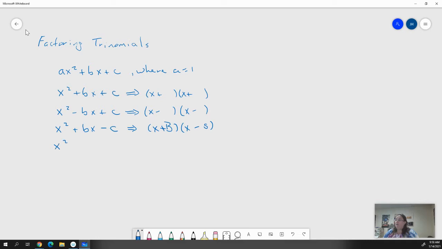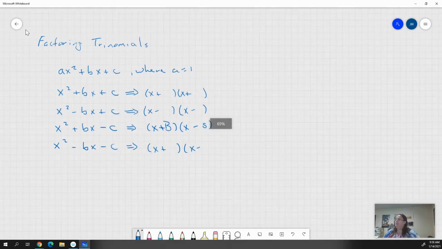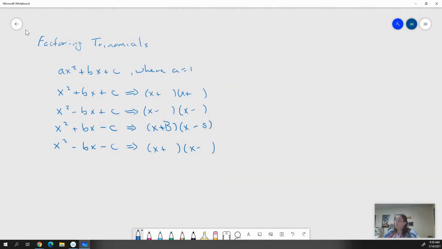If our b is negative, we still have x plus something, x minus something, but our bigger factor would be the negative one instead of the smaller factor. It just means if I have the numbers 6 and 2, the 6 is going to be negative if b is negative, and the 6 would be positive if b is positive.